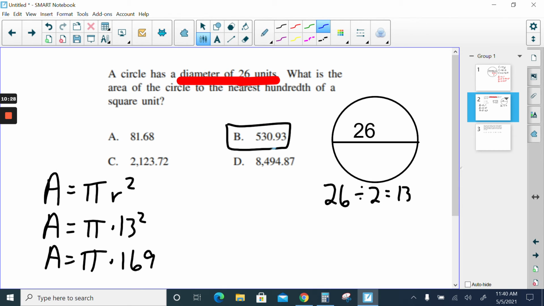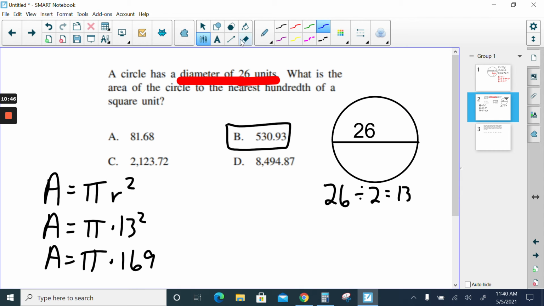But usually when you see something that says, what is the area to the nearest hundredth or nearest thousandth or nearest tenth, you want to use the actual pi button on your calculator because you want to get as close to the actual answer as you can.